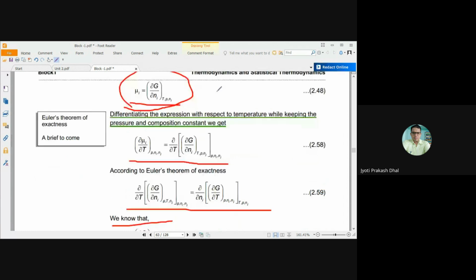Now differentiating this equation with respect to temperature while keeping the pressure and composition constant, we can write: differentiating the LHS, because here we are studying the effect of variation of temperature on chemical potential, we differentiate the chemical potential with respect to temperature.